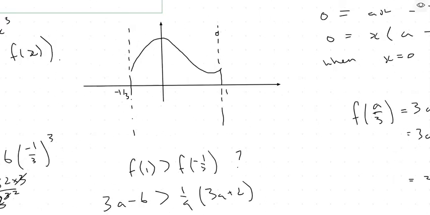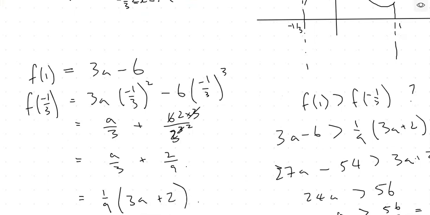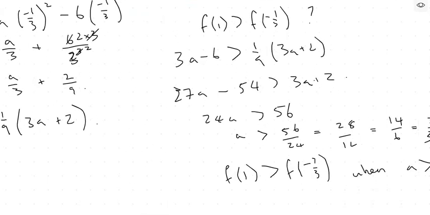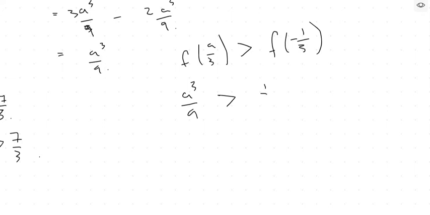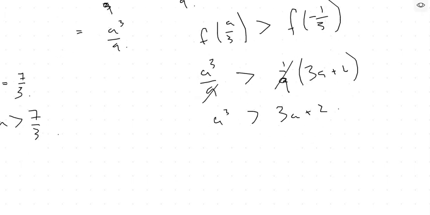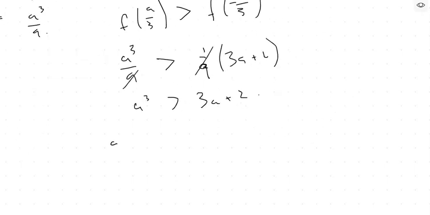What was f of minus a third? I've forgotten. There it is. A ninth, 3a plus 2. So cancel the 9s. A cubed is greater than 3a plus 2. It is when a cubed minus 3a minus 2 is greater than 0.